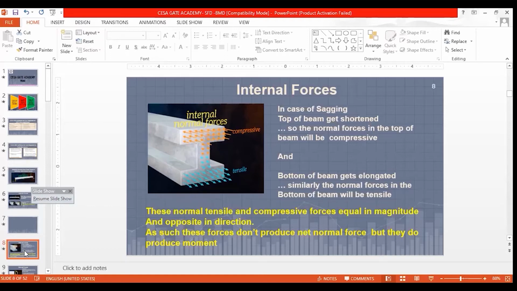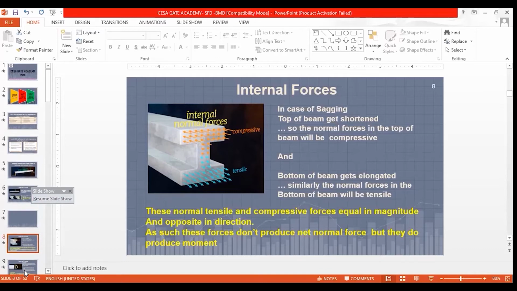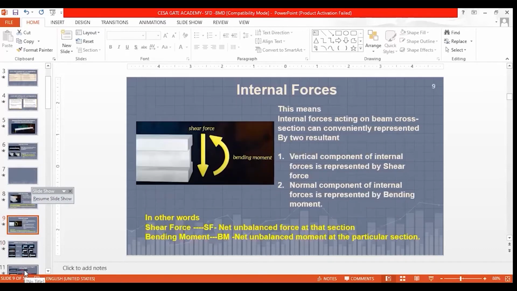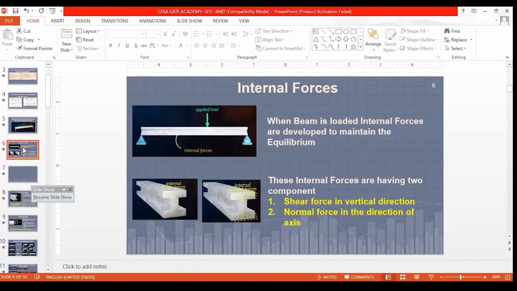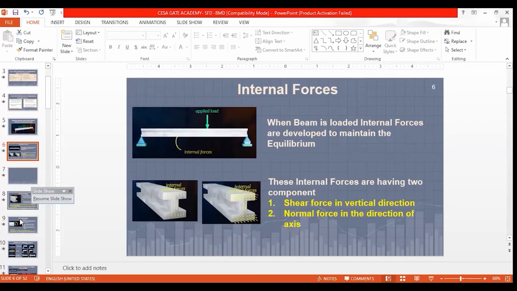Of course the net force which will act in the normal direction will be zero, but these two forces as a part of the resultant will produce the moment. I am just repeating this part: shear force in the vertical direction and the normal force in the direction of the axis.